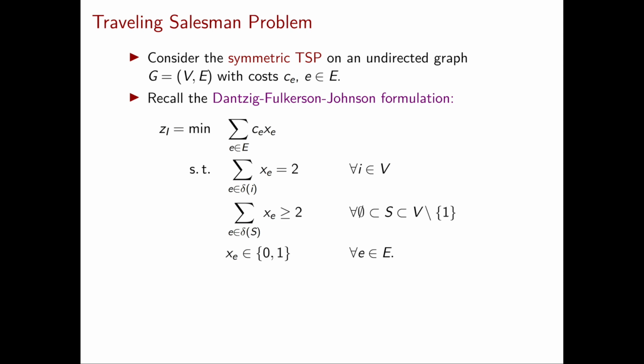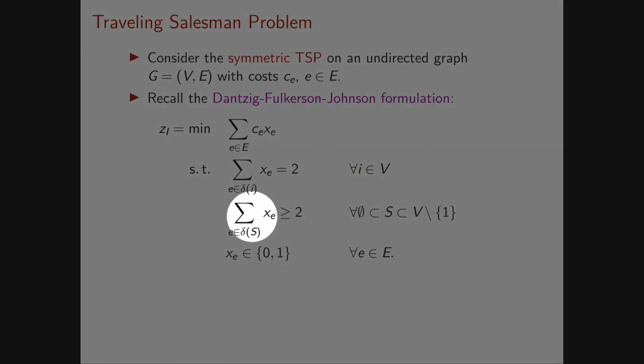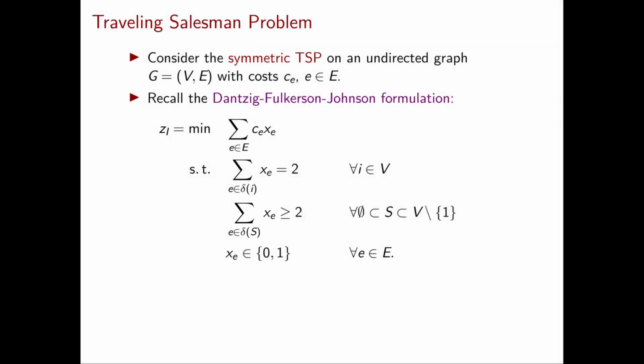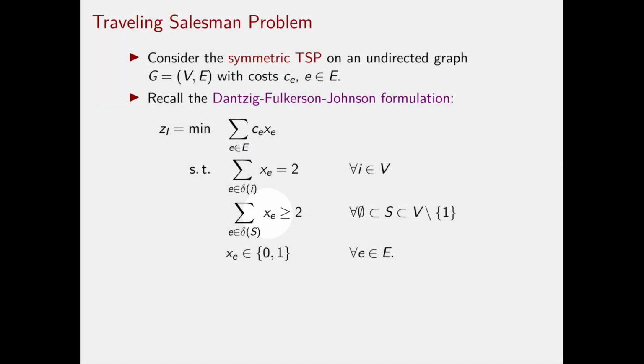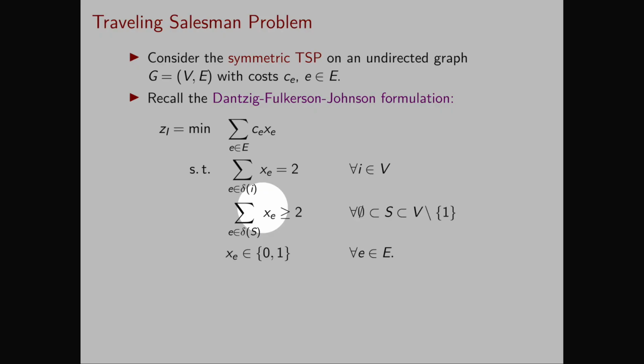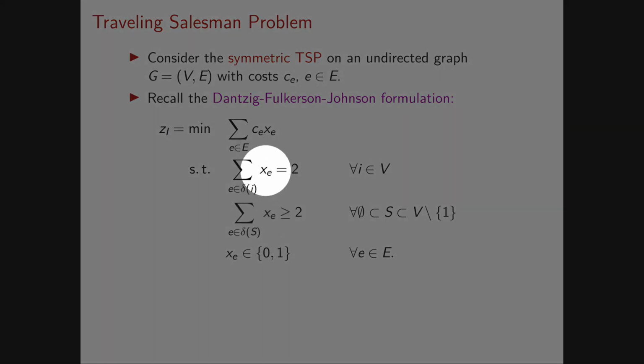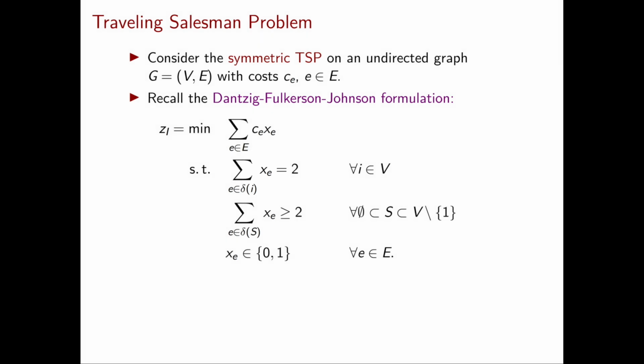Before constructing a Lagrangian relaxation of this problem, I want to massage this formulation a little bit. The first thing I want to do is rewrite the subtour elimination constraints in a slightly different way. The reason I can do that is because I have equalities that I can always use to tilt my inequalities so that their intersection with the affine hull of the polyhedron remains the same.